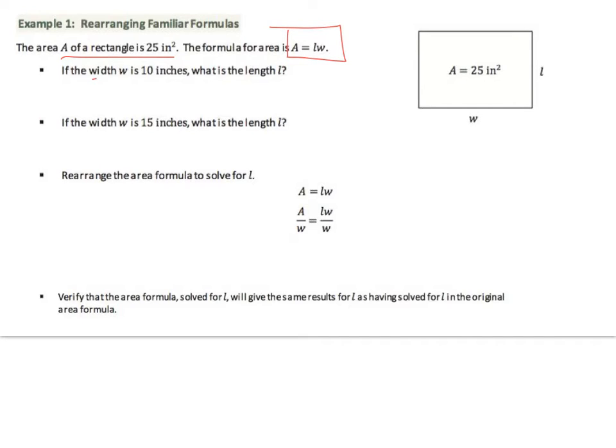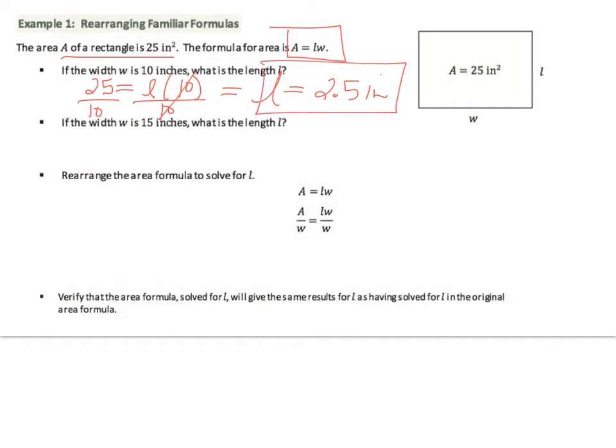I know that area equals length times width. I'm going to divide both sides by 10, and I'm left with the length equals 25 divided by 10 is 2.5. Don't forget your units, inches.